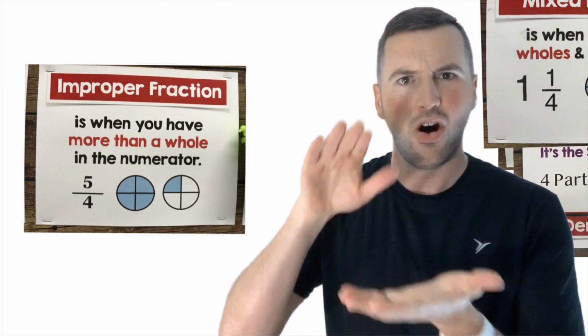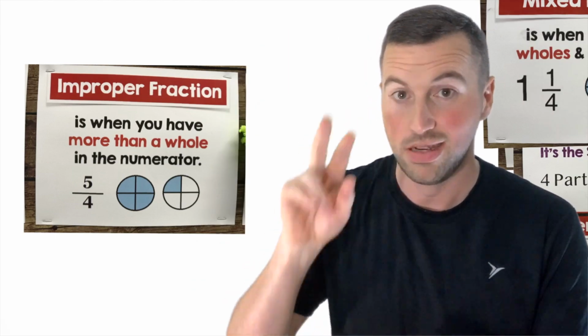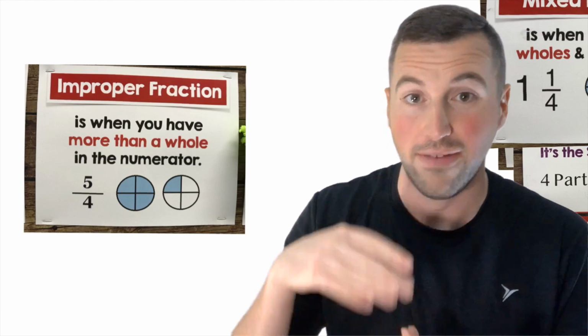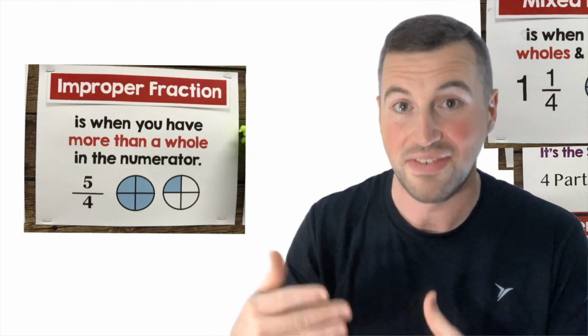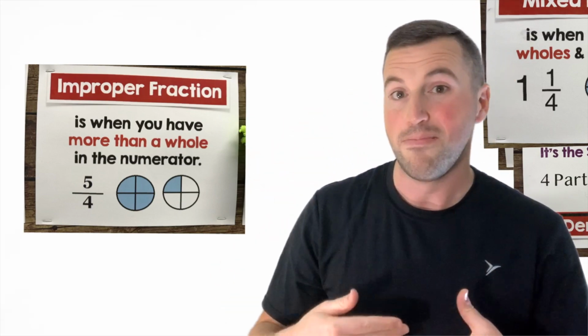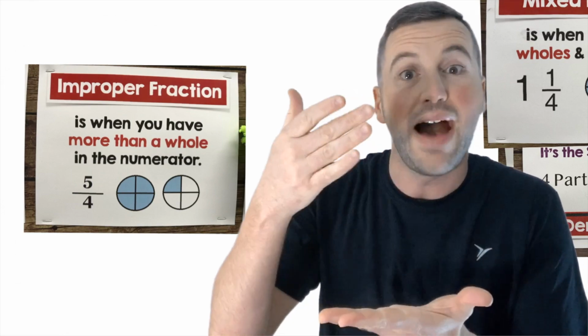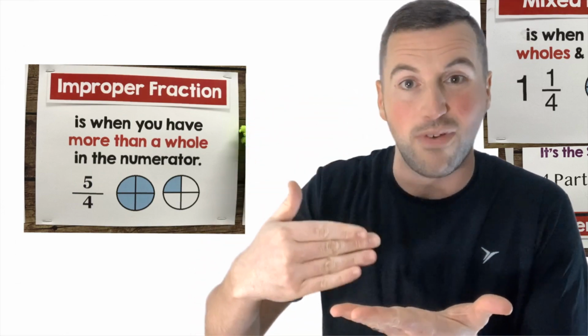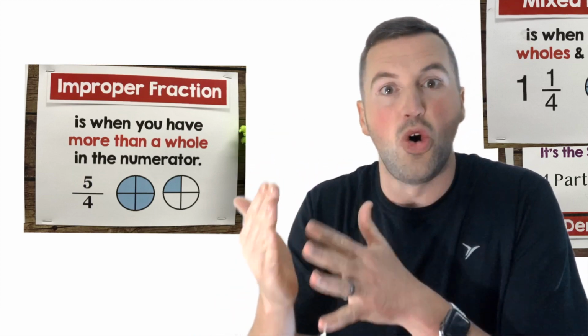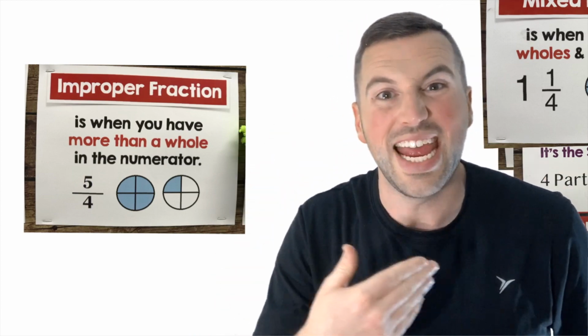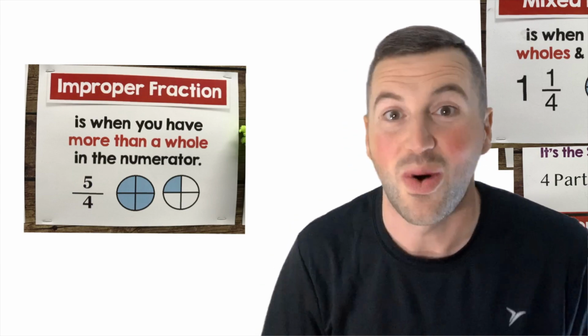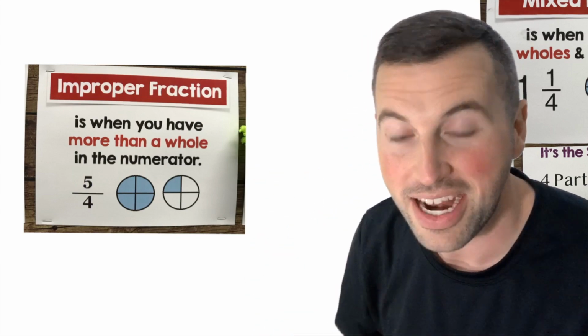We know a whole is 2 over 2, 3 over 3, 4 over 4, 5 over 5, and so on. When you have more than a whole, you're saying, instead of 4/4, I have 5/4. I have 6/4, which is actually a whole and some extras. But we're saying it in an improper way, which is why they're called improper fractions.